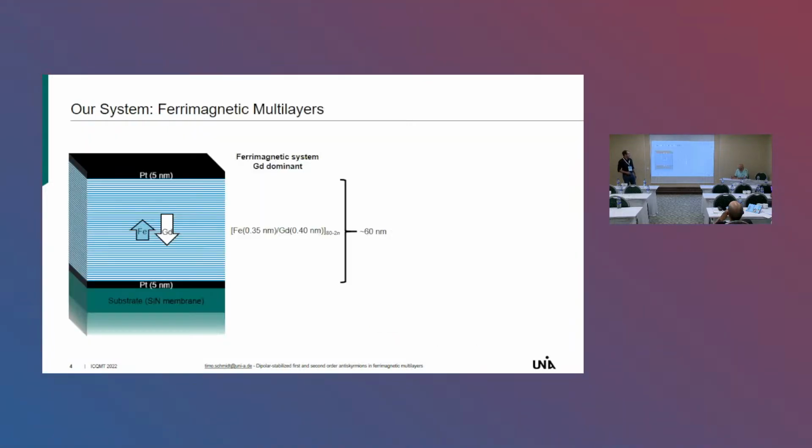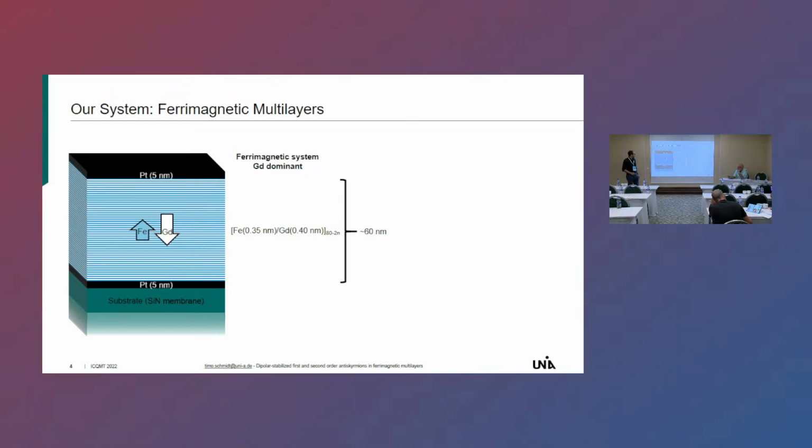But we took kind of another approach with our anti-skyrmions. So this is basically what our system looks like. It's a ferromagnetic multilayer consisting of iron and gadolinium at very low thicknesses for each layer. And if you imagine that you sputter such a system, then you can say that it's more of an amorphous alloy than really a multilayer, so that every iron has enough gadolinium partners nearby to get this ferromagnetic interaction.